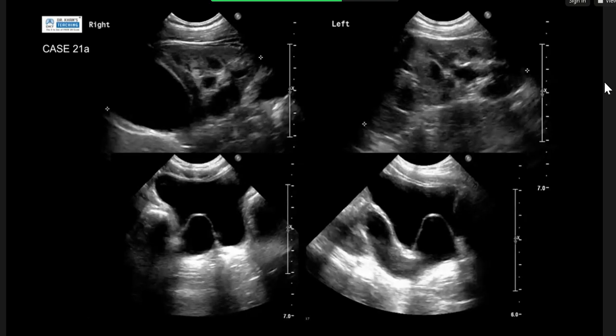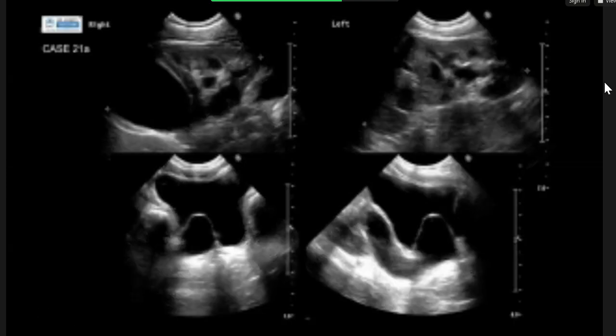In the last images, these are axial through the bladder, which nicely show a large cystic lesion at the right ureteric junction with upstream dilatation of the distal ureter. And in retrospect, I also appreciate that there is dilatation of the pelvicalyceal system on the right side.